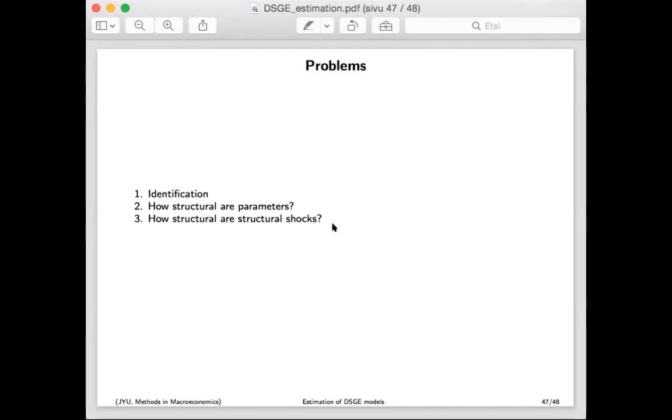And this is crucial for structural analysis, since to make the model useful for testing different monetary policy rules, one needs to assume that other parameters are independent of monetary policy rule parameters.